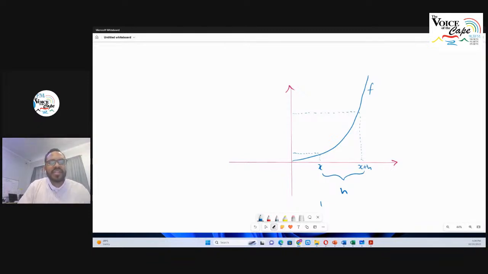I want you to take 30 seconds quickly to determine what this corresponding y value will be, and this corresponding y value on this side. Okay, take 30 seconds to work that out quickly.